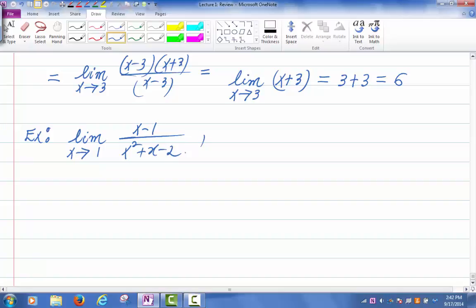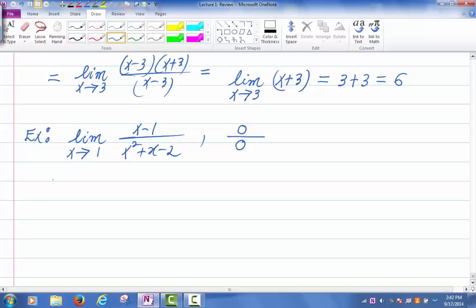Once again, let's notice that when I plug in 1, the numerator vanishes. And how about the denominator? Vanishes as well. So again, I have a rational function. The numerator and the denominator both vanish at the limiting point. What's the trick?